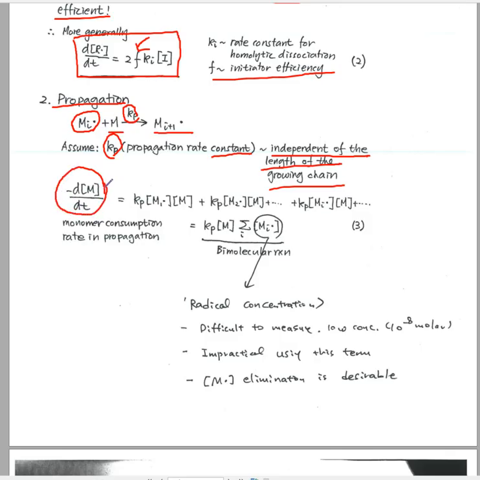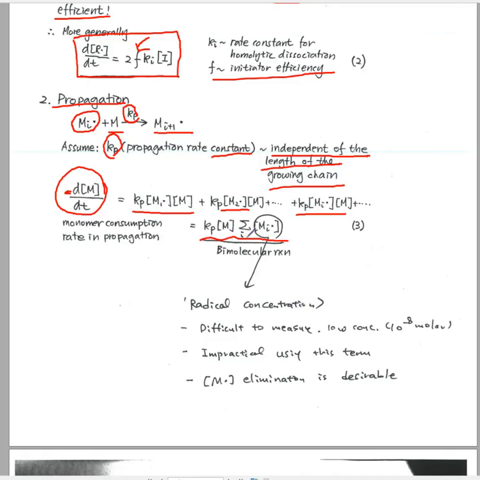If you write the propagation rate, it is the change of the monomer concentration as a function of time. Since monomer is the reactant, we should put a minus sign here. The rate is equal to Kp times the first reaction, second reaction, third reaction, etc. You can cancel some of these terms, forming something like this.